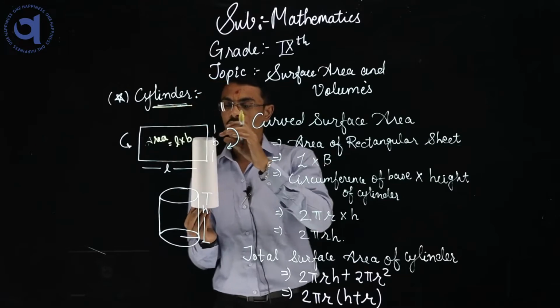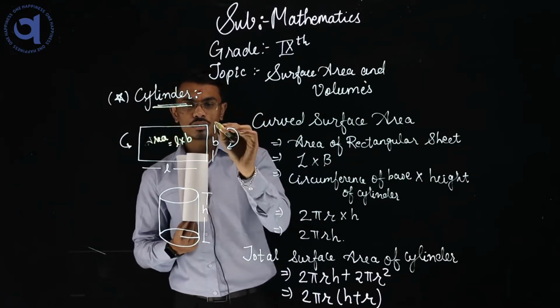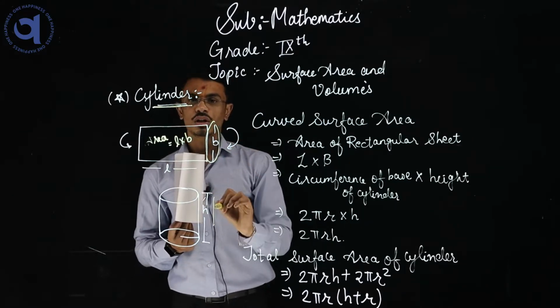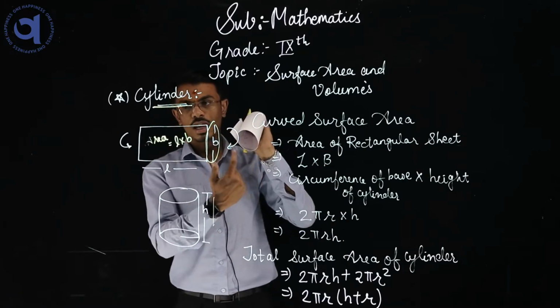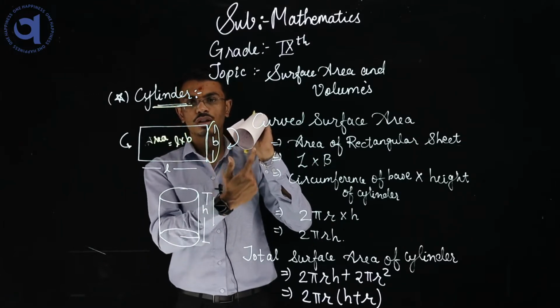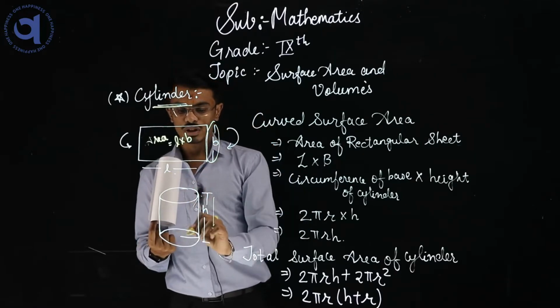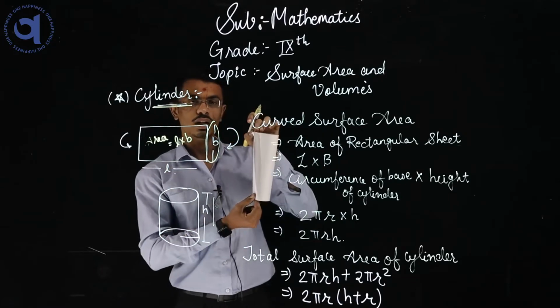Now what is happening is that this breadth part is converted into the height, and this length part is converted into the shape of a circle. Clear? Length is converted into the shape of a circle and breadth is converted into the height of this cylinder.